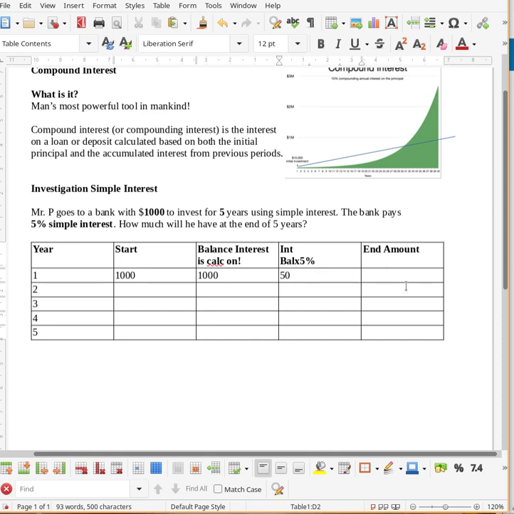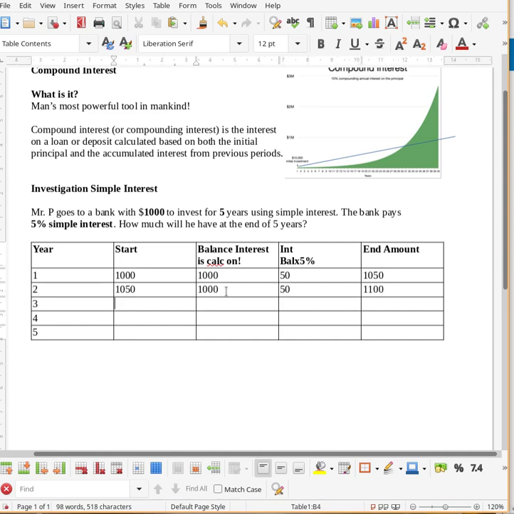The end amount is $1,050. Now, by the start of the next year, you're actually sitting with $1,050, but the bank only calculates interest on this column here. So remember, we're always going to end up with $1,000 here, and we're going to end up with another $50, which means that we have a total of $1,100 left in our bank account.